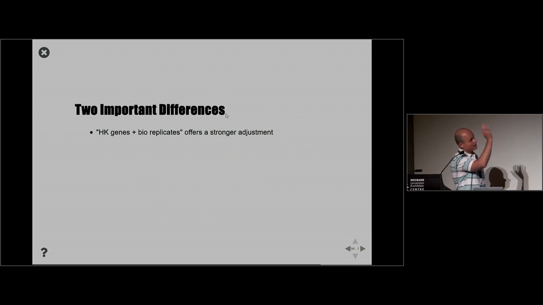So what's really going on here? What did I do differently with this RUV3, with the housekeeping genes and the biological replicates, than just regressing out brain region? Well, one is that using housekeeping genes and biological replicates offers a much stronger adjustment overall that can adjust for all kinds of what we might think of as biological unwanted variation.